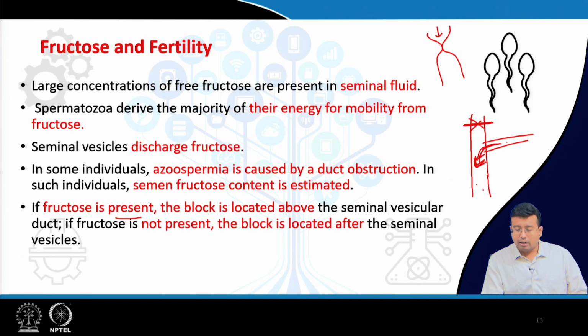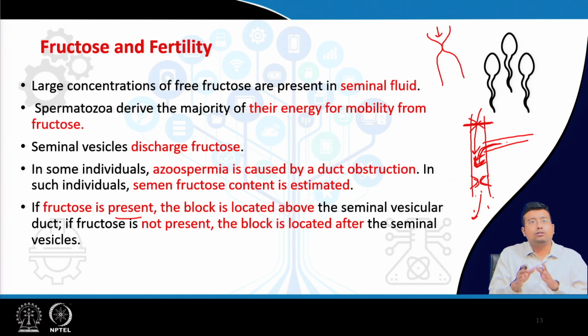So, there might be no sperm in semen, but there will be excess quantity of fructose, right. But what if the block is in here? It means the sperms are reaching, but they are not getting out. So, the block is located after seminal vesicle. If the block is located after the seminal vesicle, fructose will not be found, because over here fructose cannot reach the semen. You get my point?